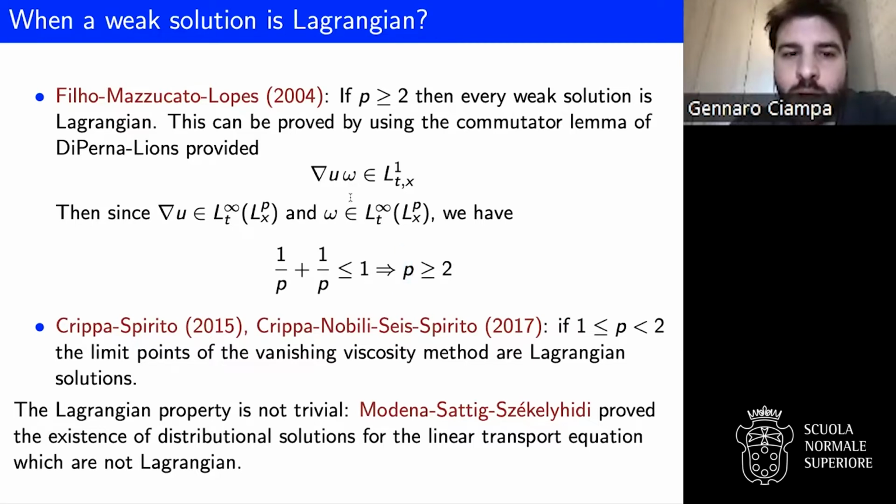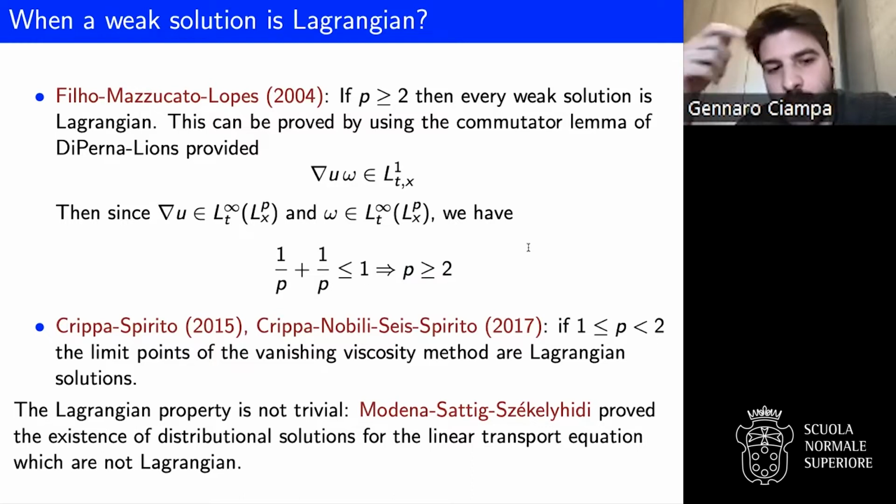This is because you can apply the DiPerna-Lions theory, so every solution is renormalized, and in particular Lagrangian. However, for less integrable vorticities, this property may depend on the way you construct the solution.